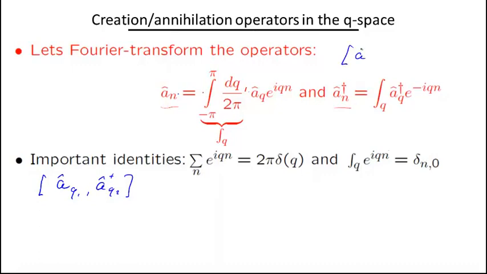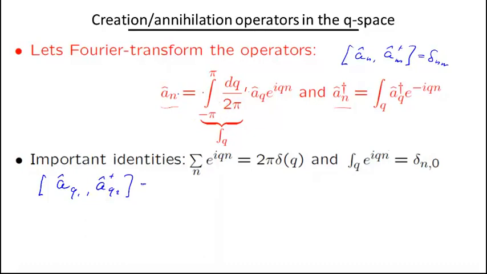And these commutation relations for the real space operators, A sub n and A sub m dagger, we know that this is the delta symbol of n and m. So now we want to check what kind of commutation relations these guys satisfy, and in order for me to work out these commutation relations, I'm going to use an inverse Fourier transform.